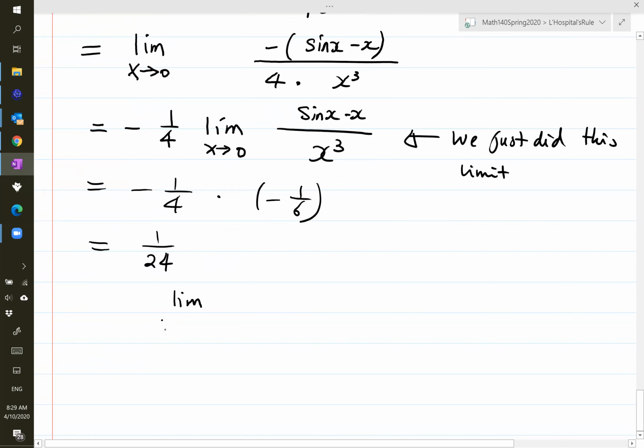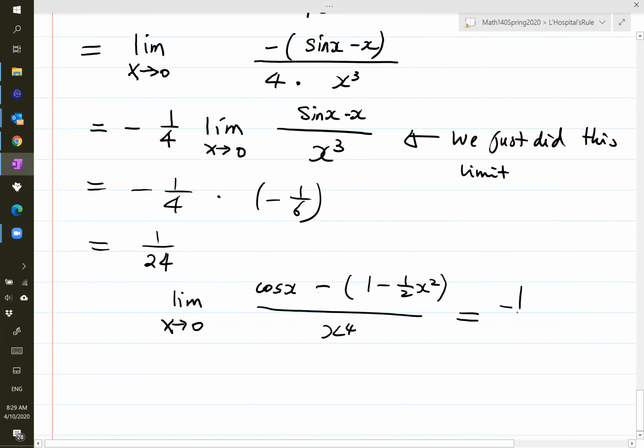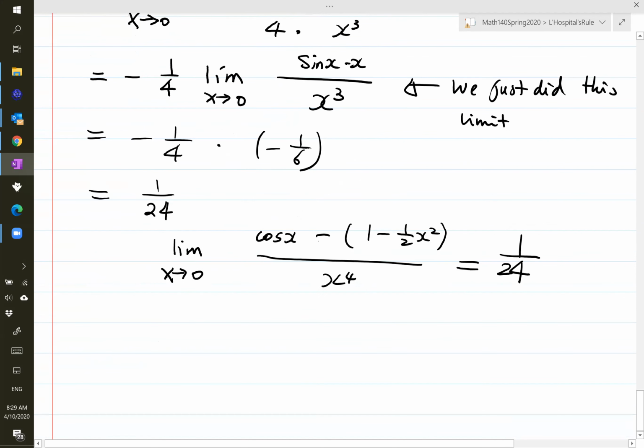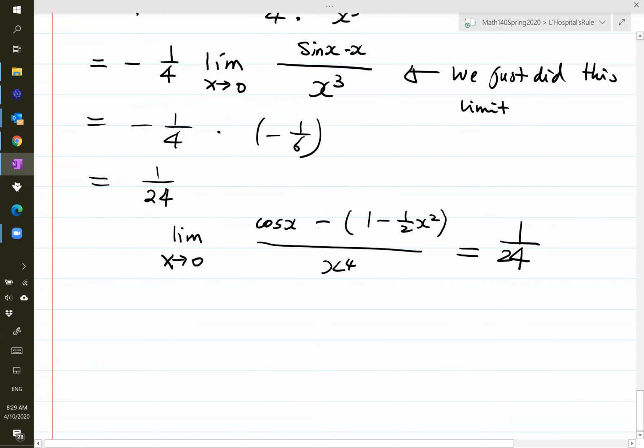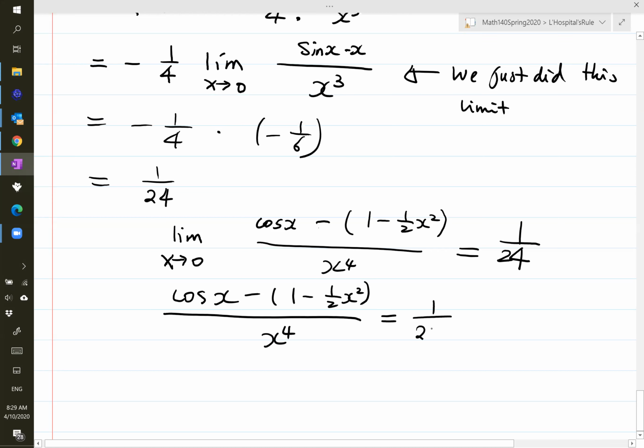So we can write the limit as x goes to 0 of cosine x minus 1 plus x squared over 2, over x power 4. This has limit 1 over 24. Then if you write it as an approximation, cosine x minus 1 plus 1/2 x squared over x power 4 is near 1 over 24.